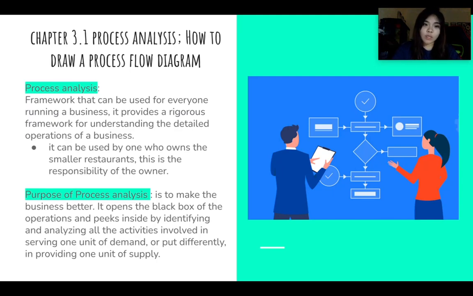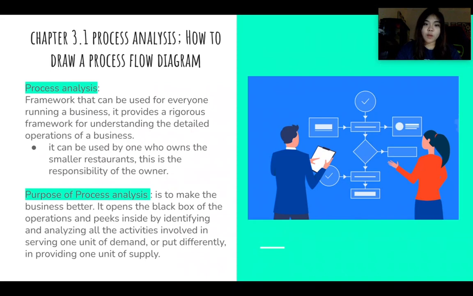Okay, first off, I want to talk about process analysis, the title of our chapter. A process analysis is a framework that can be used by everyone who runs a business. It provides a rigorous framework for understanding the detailed operation of a business.